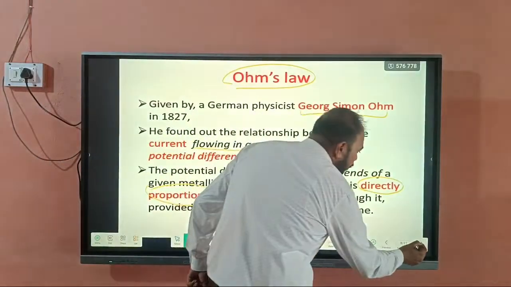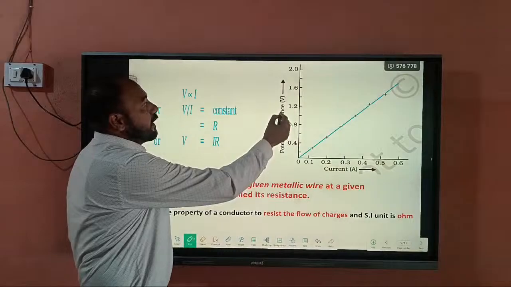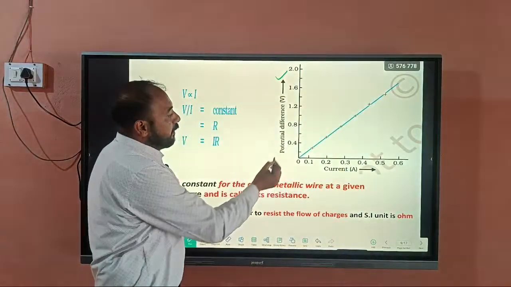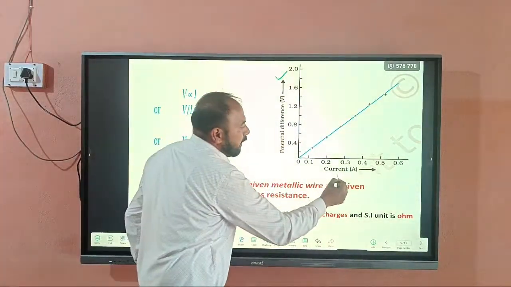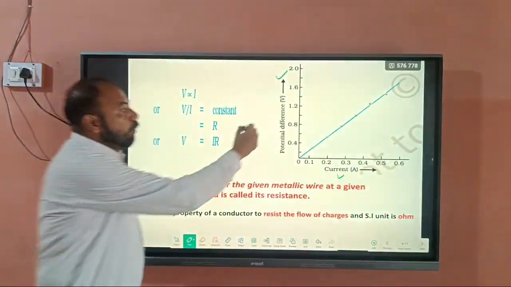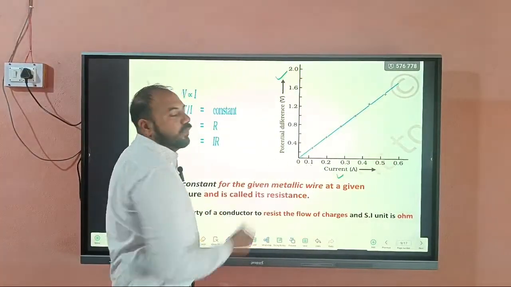In the next slide, we show the graph between the potential difference and electric current. When we change the potential difference, the electric current also increases.